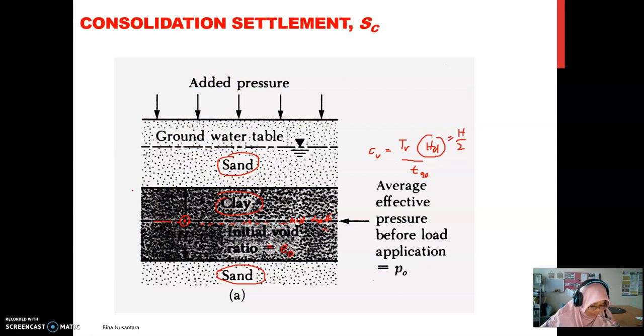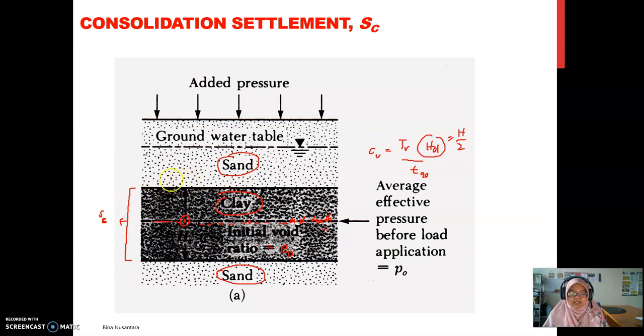So when we do that, we also know that we are interested to know the primary consolidation. Yes, S sub C, primary consolidation.